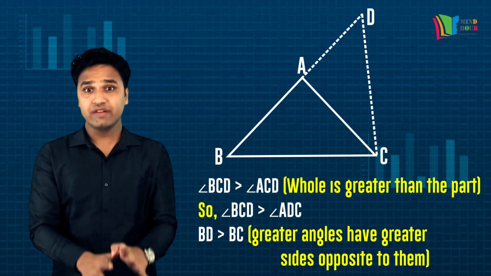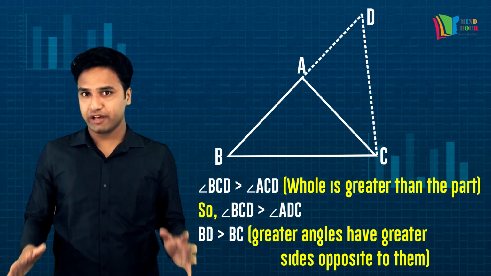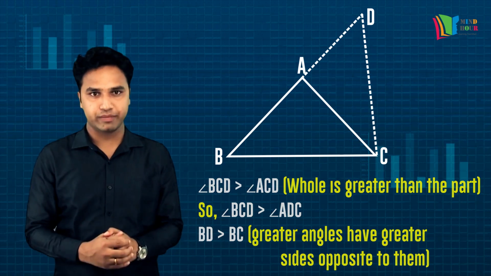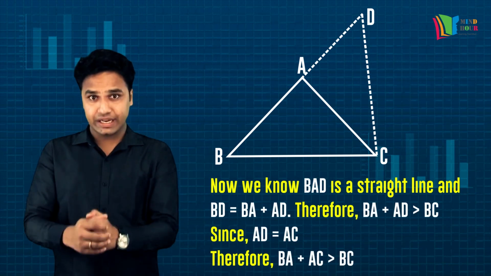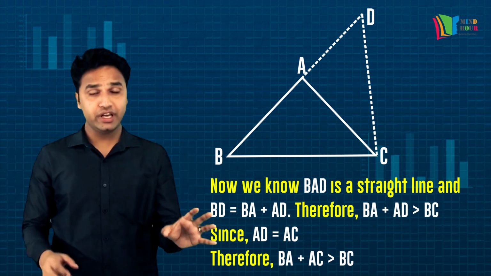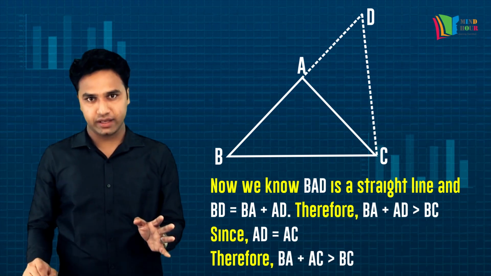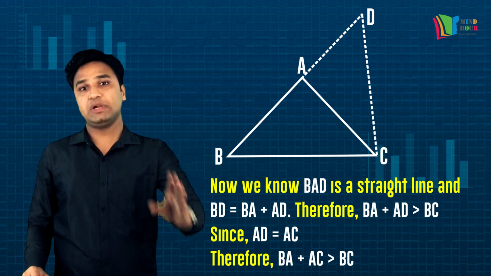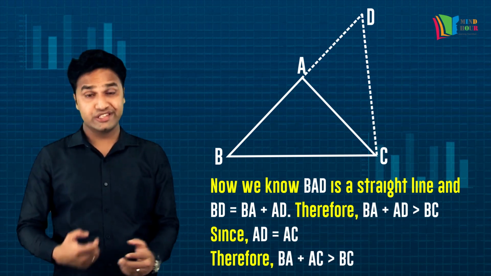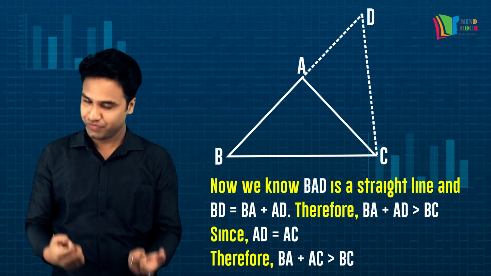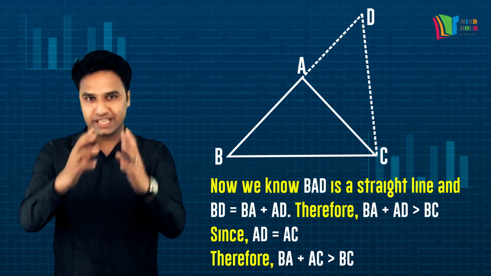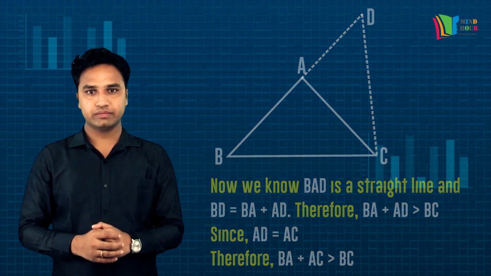Since greater angles have the greater side opposite to them, therefore BD is greater than BC. Now we know BAD is a straight line and BD is equal to BA plus AD. Therefore, BA plus AD is greater than BC. Since AD is equal to AC, therefore BA plus AC is greater than BC.